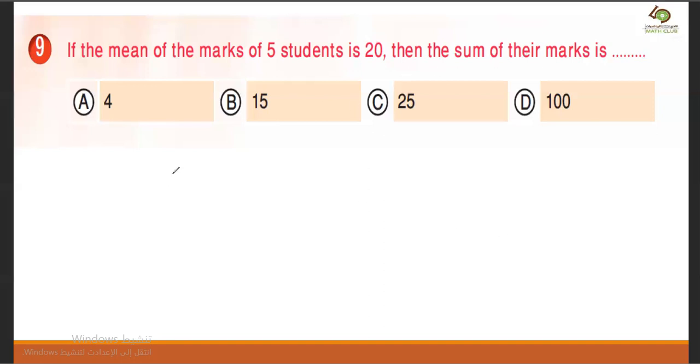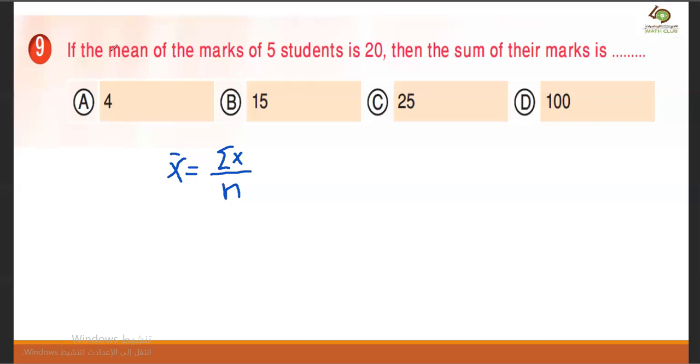So now, if I want to find the mean, you add the numbers, the sum of the numbers, over the number of original numbers.